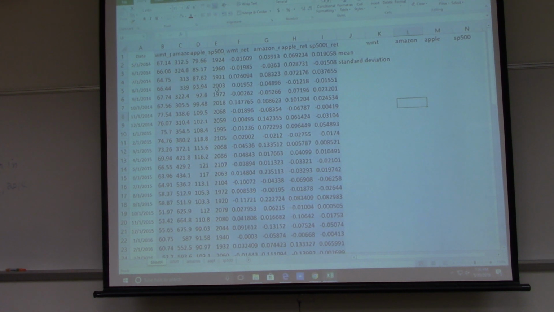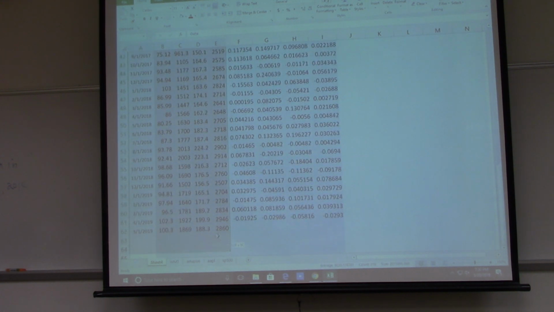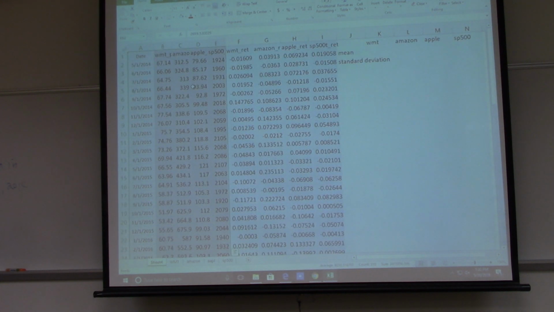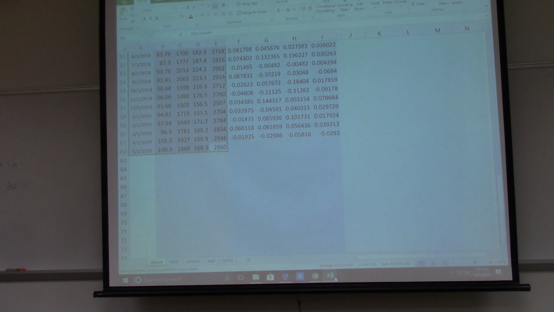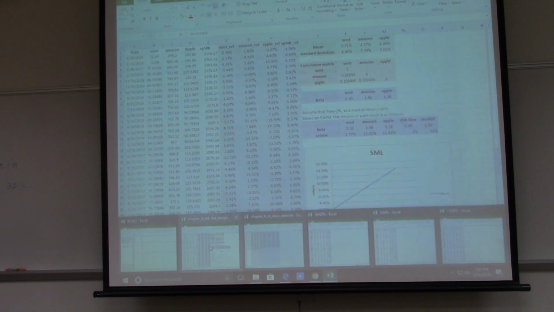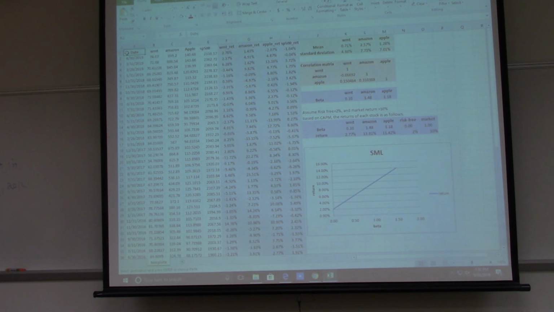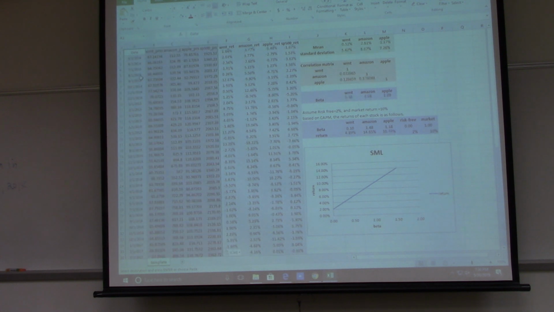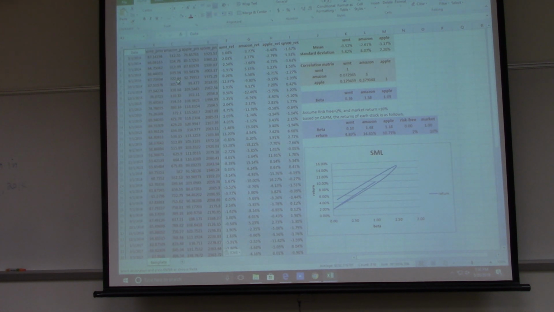Actually, since you all have the template, if you copy and paste, for example, just do this. Copy and paste, including the date, into the one I posted on Blackboard. And let's see what's happening. Yeah, you see?